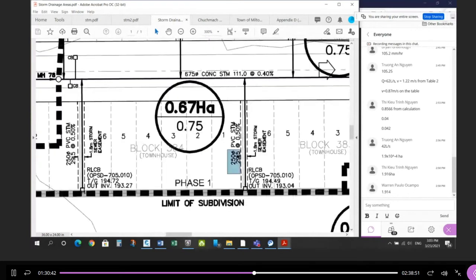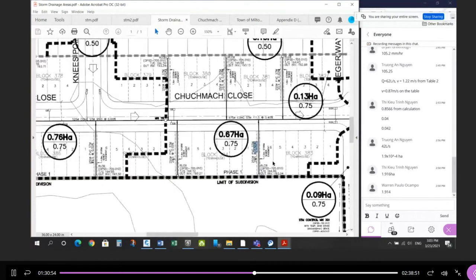This one here, a 250 at 0.5%. As long as it's at least a 250 pipe with at least 0.5% slope, you can take an area of 0.19 hectares. So if you check all the areas going to these individual pipes and they're all less than 0.19, then you know that the generic size, 250 at 0.5%, will work.